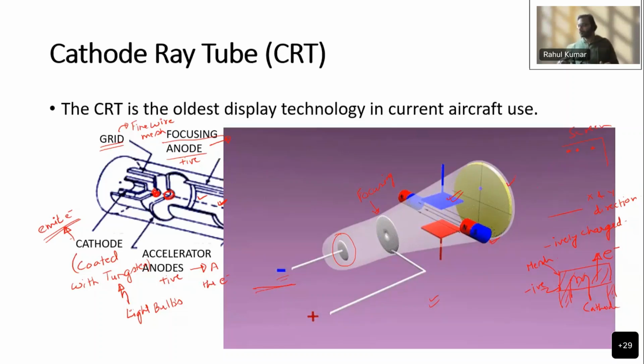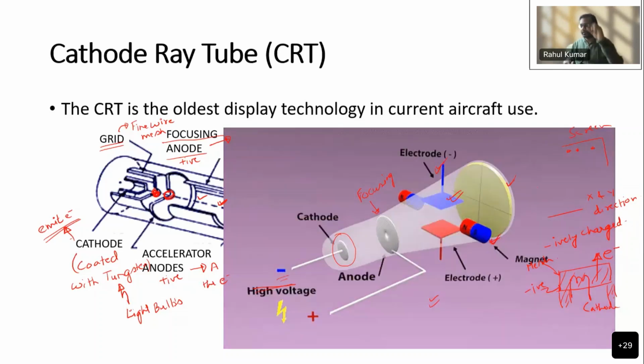So depending on the electric and magnetic field, you can adjust the direction of the electron beam.